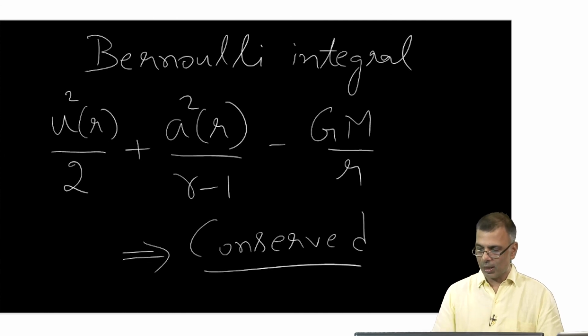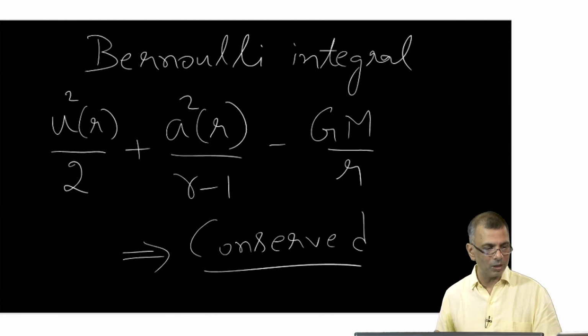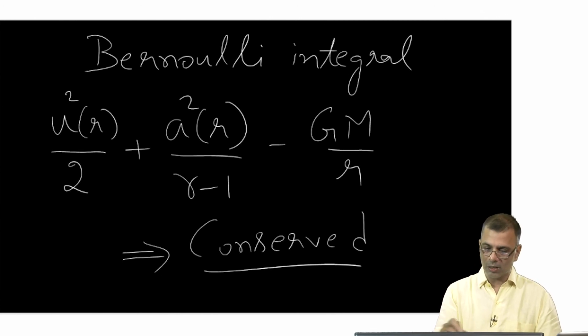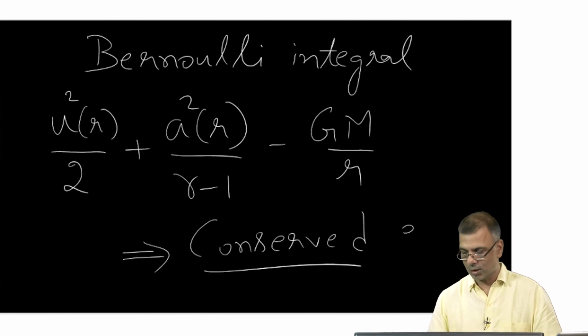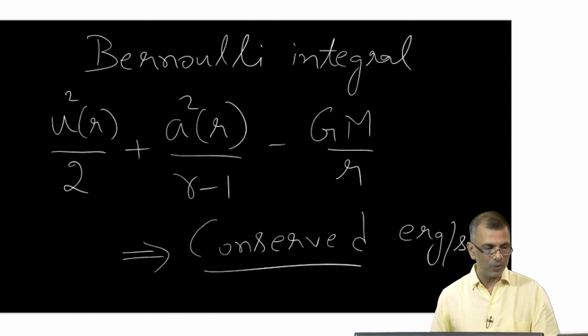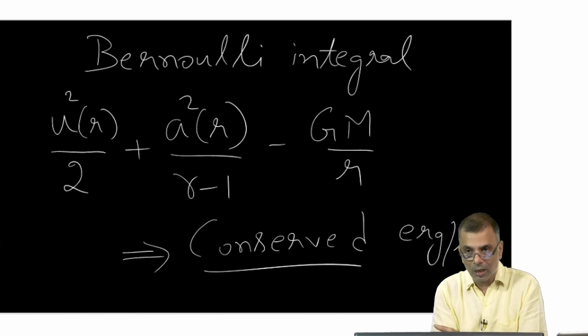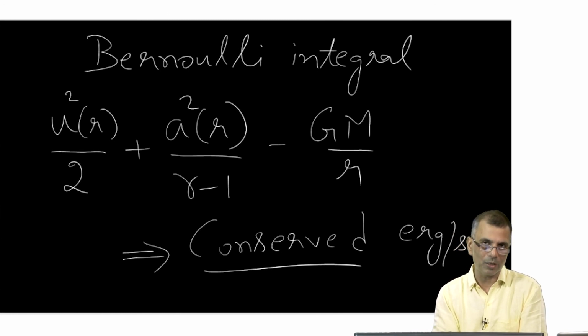And when we take up this discussion once again, we will use this conserved energy. This is conserved ergs per second. We will use this quantity and derive several interesting properties that have specifically to do with spherical accretion onto a compact object. Thank you.